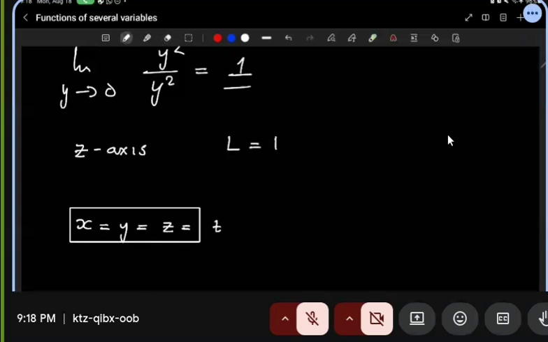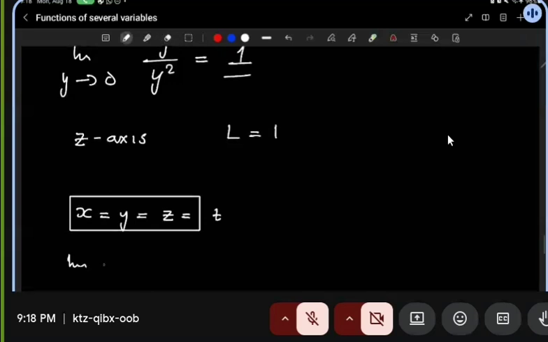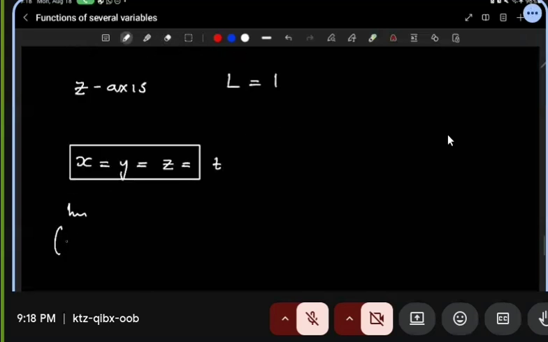Since they are all the same, this will just reduce to one variable, and since I've gone for t, where there's x we'll put t, where there's y we'll put t, where there's z we'll put t, and in each case we're approaching 0. So you might as well say as t approaches 0.